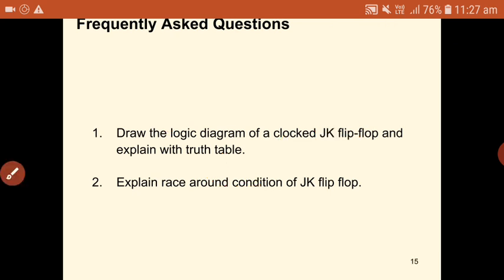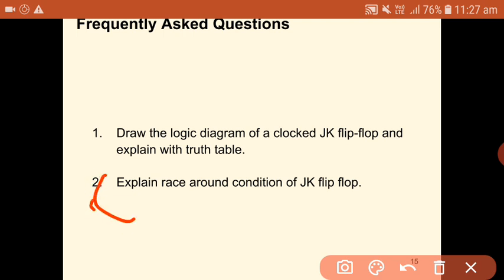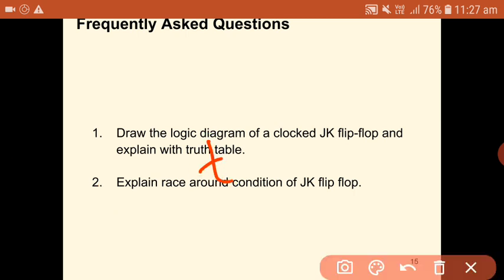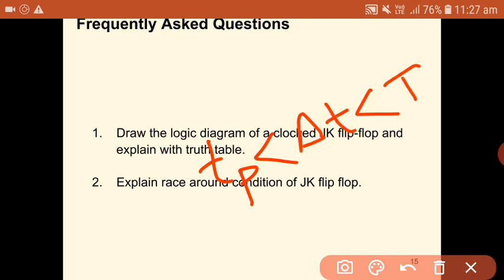Another question is to explain race around condition in JK flip flop. For avoiding the race around problem, the condition is TP is less than delta t, which is less than the time period of the clock pulse, where TP is the time duration for which the clock signal is high.